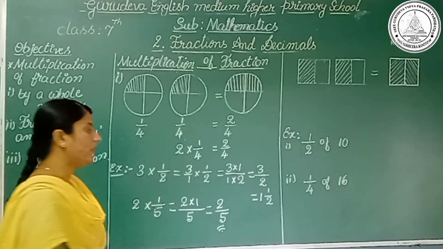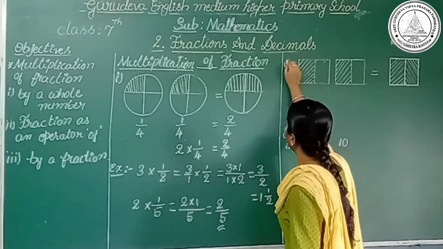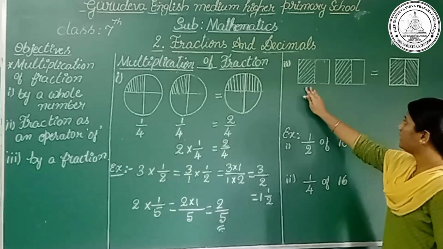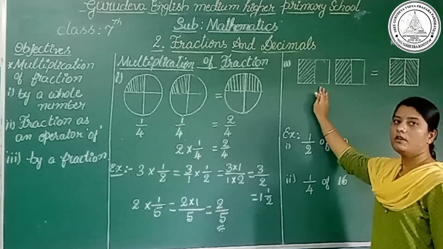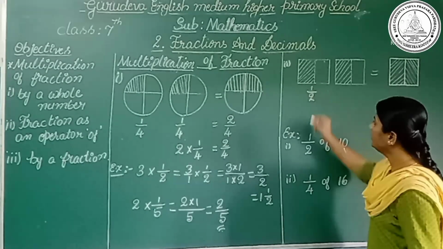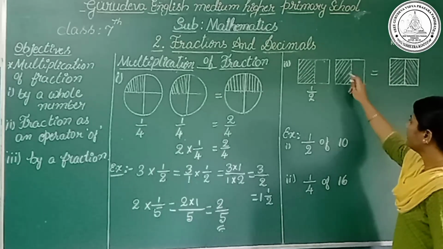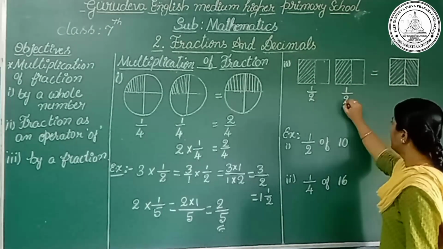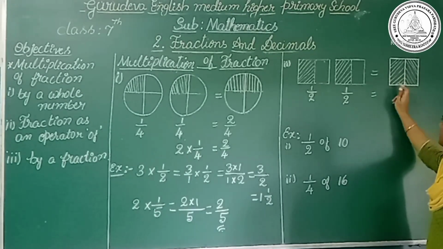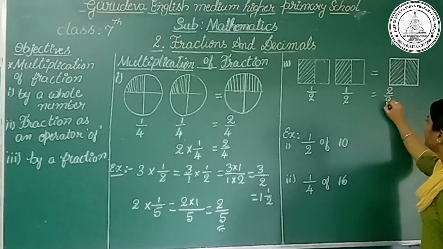Then next, the second one, the fraction as an operator of. You will see here a picture having the fraction 1 by 2. Here the shaded part is 1 out of 2. Then here also 1 by 2, so we get the product shaded as 2 by 2 parts.